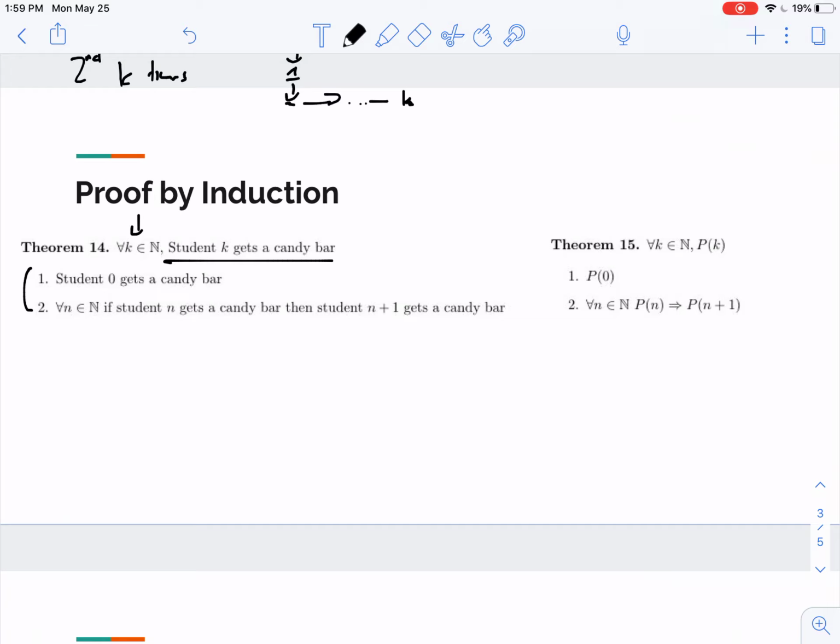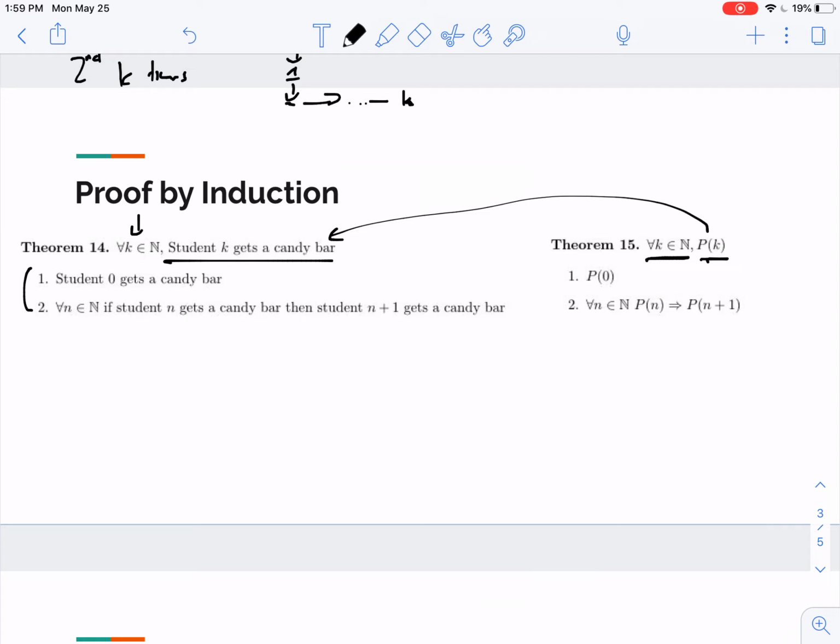So that suggests that maybe in general, if we have some problem and we want to prove that for any k in the natural numbers, some statement P is true of k, right? The statement in our example, P, is "student k gets a candy bar." Then maybe if we define rules similarly to the ones that we had in Boaz's example, and we prove those rules, that's it. And that'll be sufficient to prove our theorem.